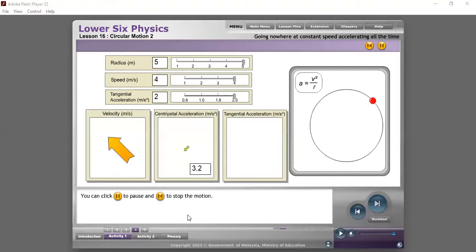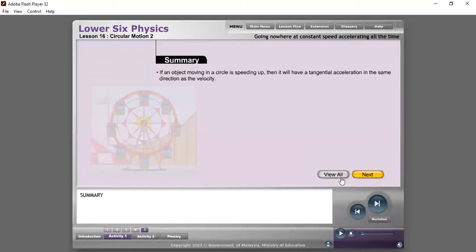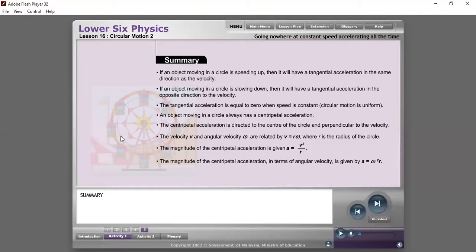As a conclusion, we can say: if an object moving in a circle is speeding up, then it will have a tangential acceleration in the same direction as the velocity. If it is slowing down, then it will have a tangential acceleration in the opposite direction to the velocity.